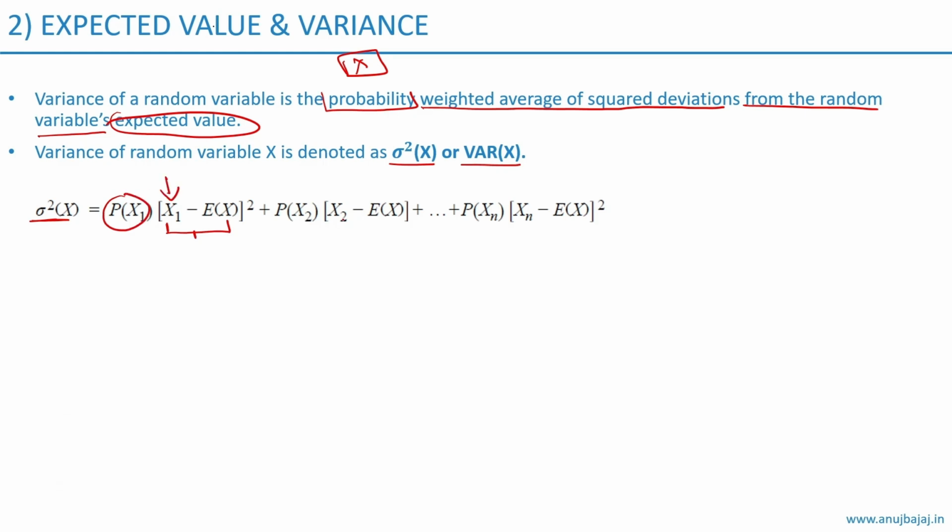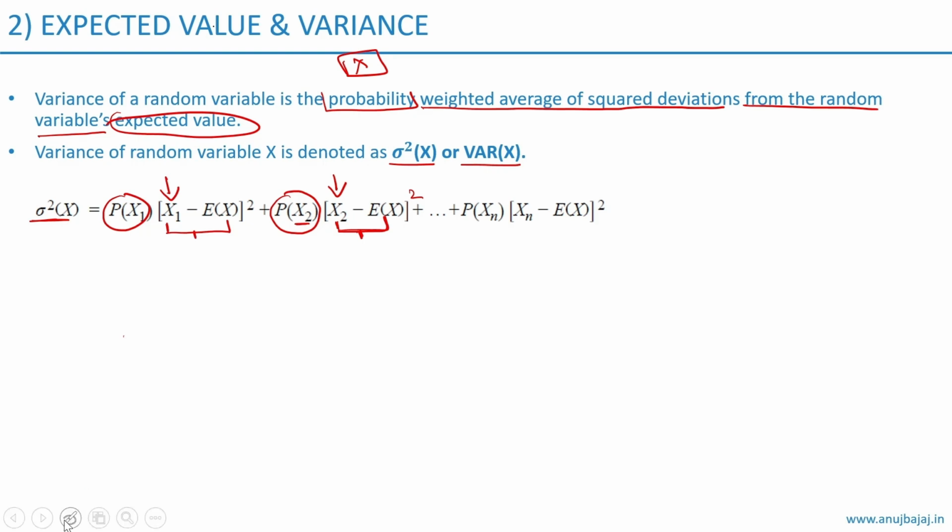Similarly, we take the second possible outcome, subtract the expected value and then square it, and the probability of this squared deviation occurring is the probability of this outcome occurring. So we multiply this squared deviation by the probability of this outcome occurring.